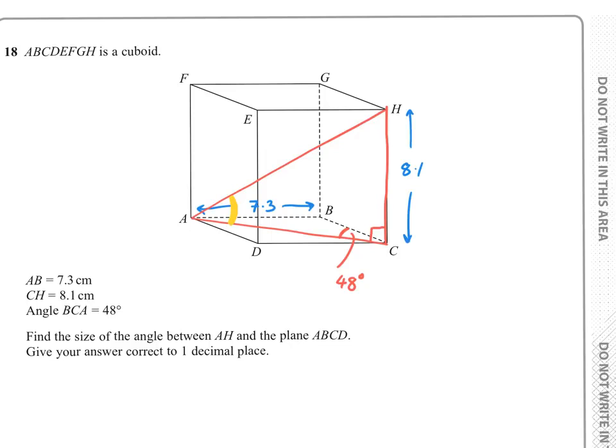So I think I can find AC because if I look carefully, I've got another right angle triangle, and don't forget I've got this angle, 48.